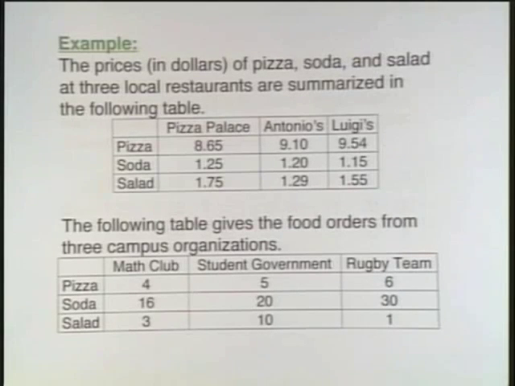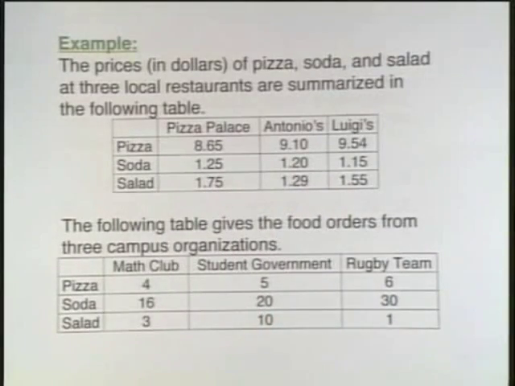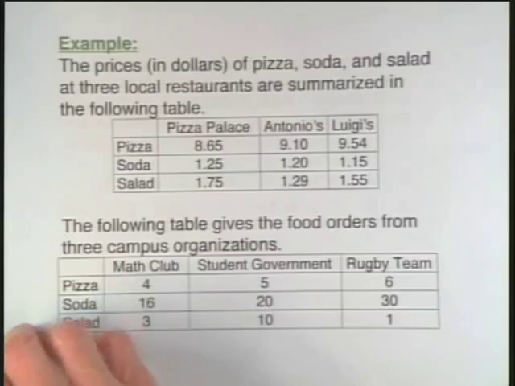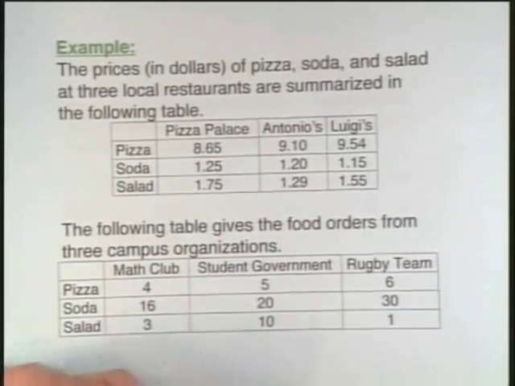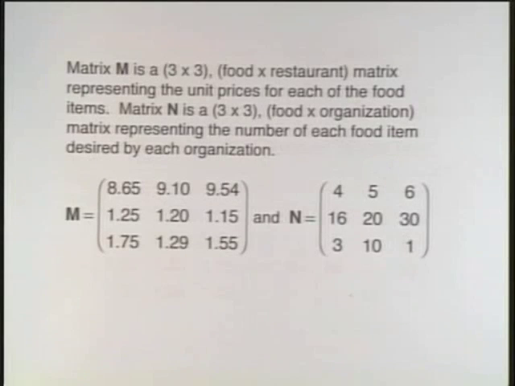Your task is to determine how much each group would be charged for its entire order at each restaurant. To help you with your task, you will create matrices M and N using the same format that is shown in the previous tables.